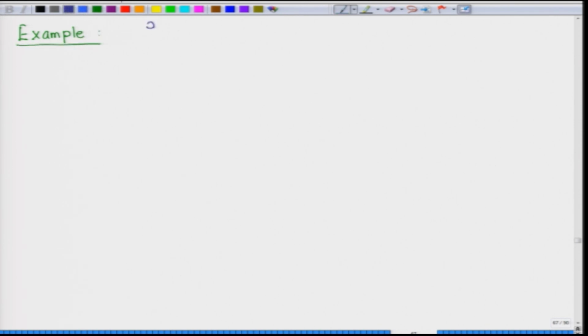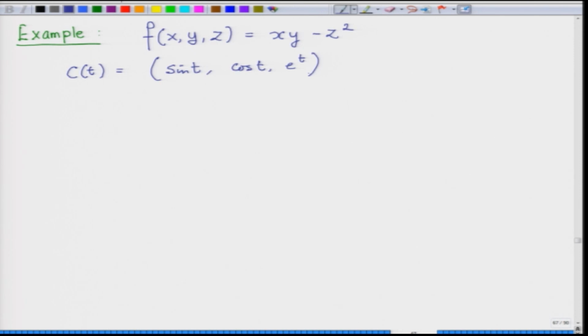Let us say f(x, y, z) is written as xy minus z squared, where c(t) is given as x(t) is sin t, y(t) is cos t, and z(t) is e^t.